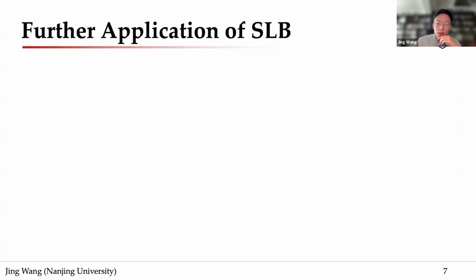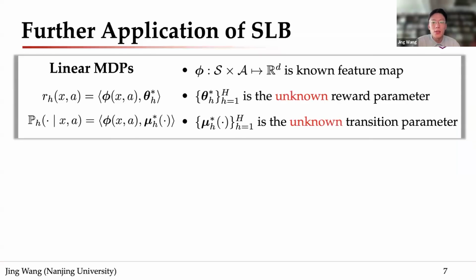The SLB, or the stochastic linear bandits, is actually a very powerful tool that can also be extended to other settings, like reinforcement learning, the linear MDP settings, where the reward and the transition matrix are all assumed to be linear, where phi here is a feature vector, a feature mapping the state and the action, and theta and mu here are unknown system vectors.